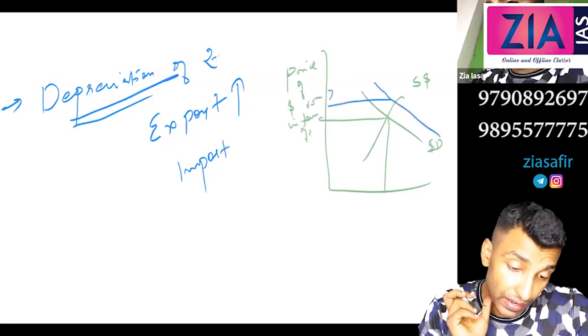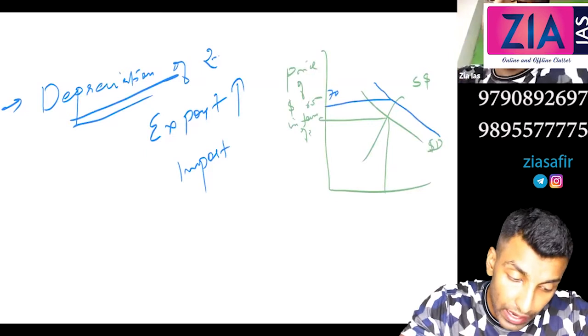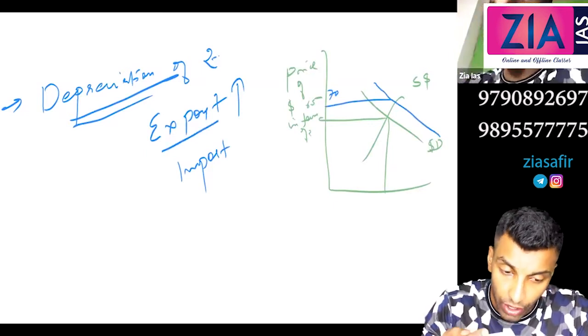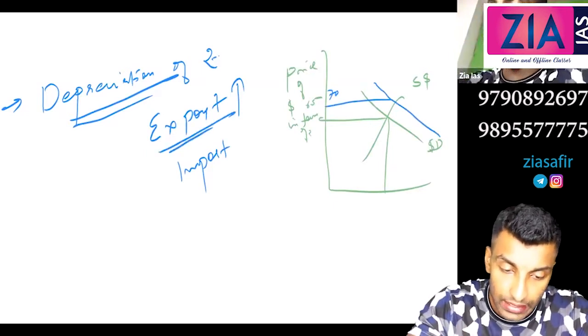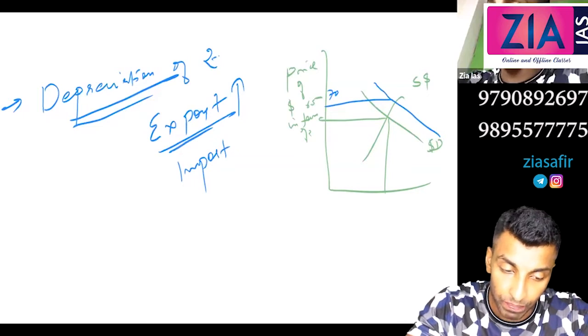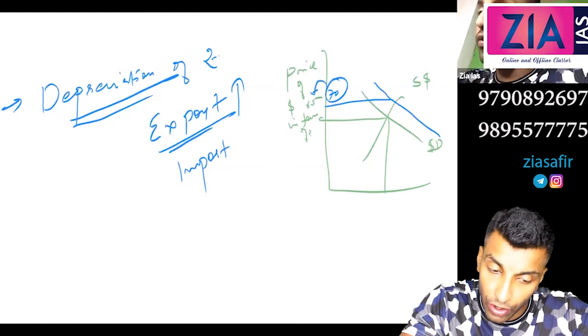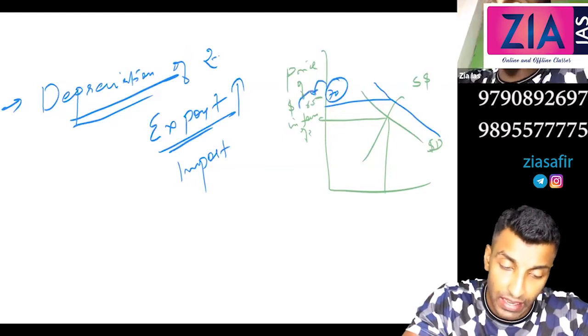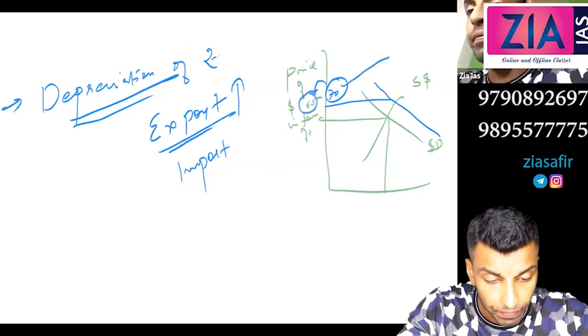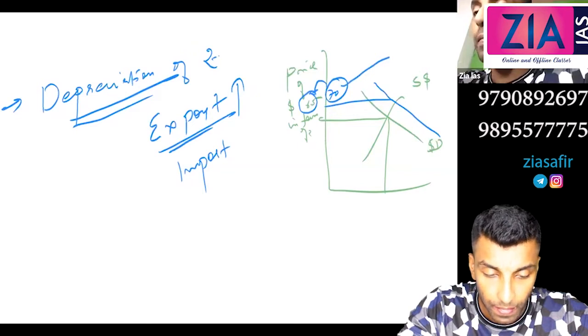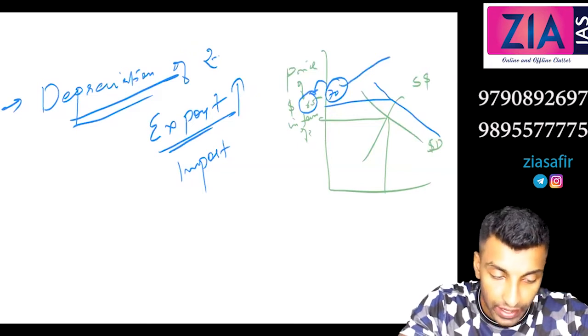From 65 to 70, exports will increase. Why? Because for $1 you are now getting 70, earlier 65. Now when you are importing, earlier for $1 you paid 65, now you need to pay 70. So will you import more? No, sir. So imports will decrease.